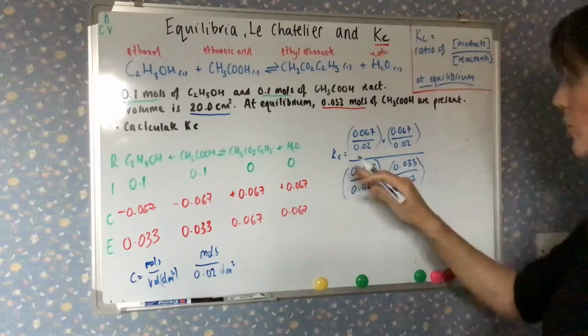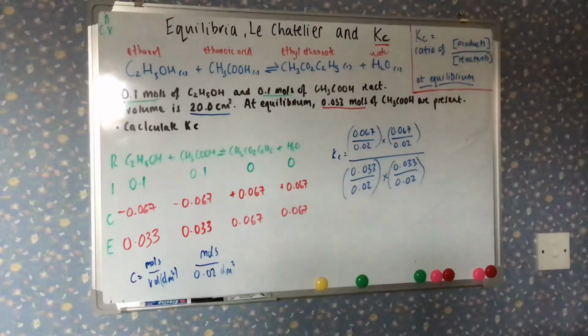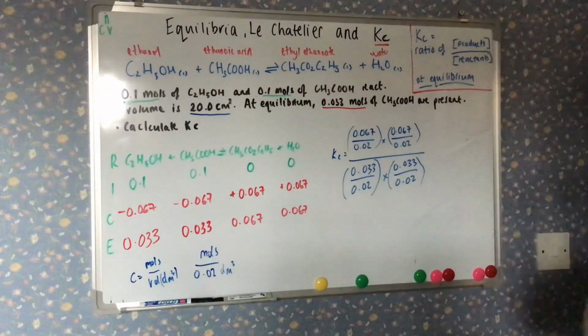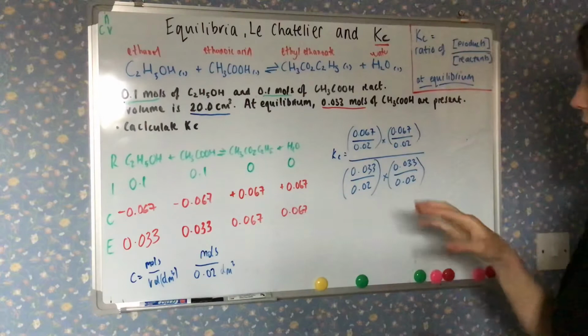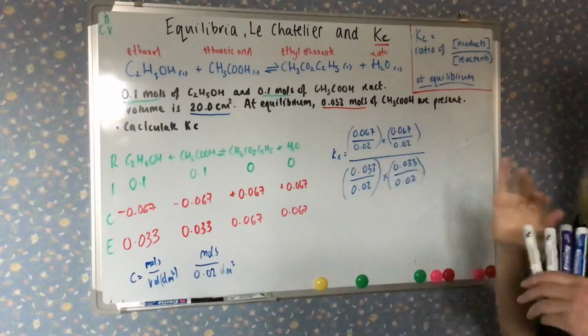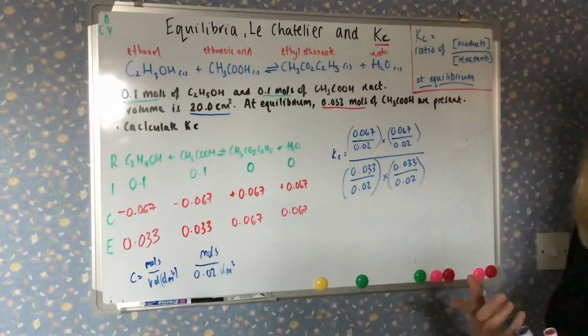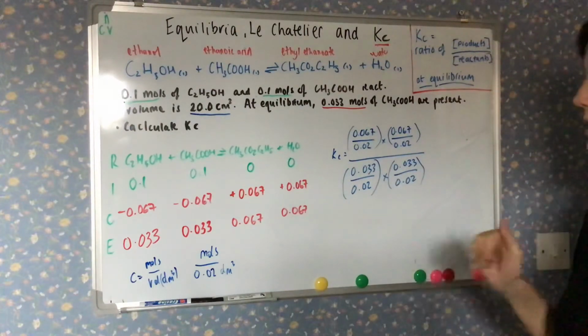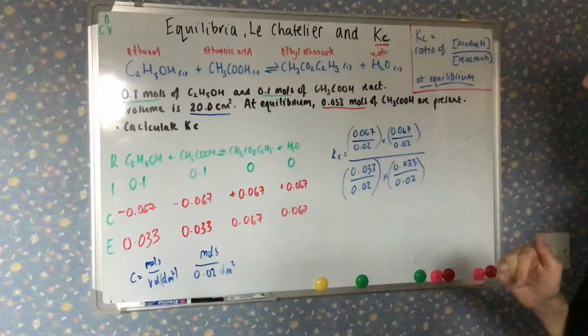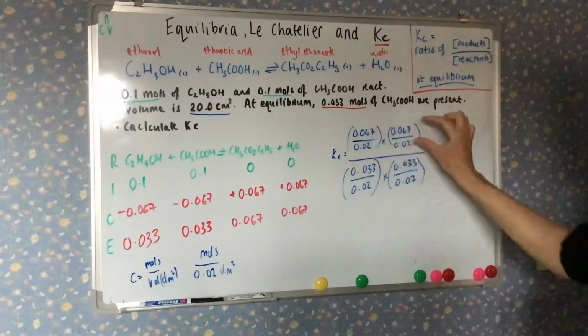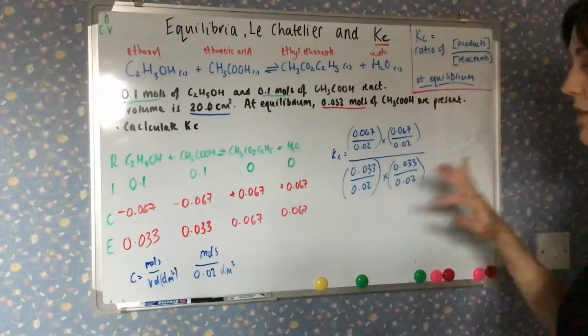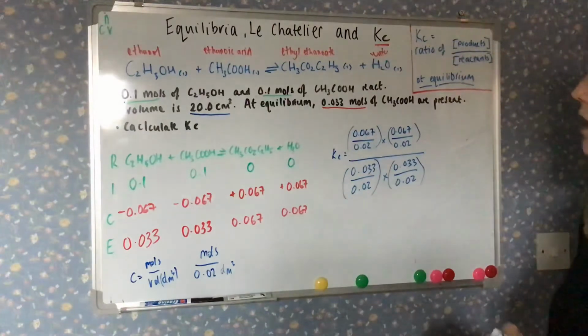Now you can put all those numbers into your calculator. What I would suggest you do whenever you do these kinds of calculations is to work out each individual bit and then plug it in, because if you try and put all of these into your calculator, it's much easier to make errors when you type it in. So what I would recommend is either do each individual concentration or do the top line and then divide it.